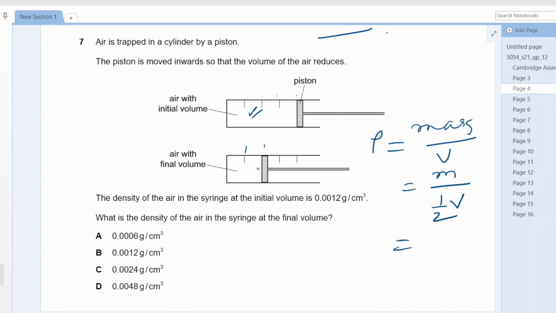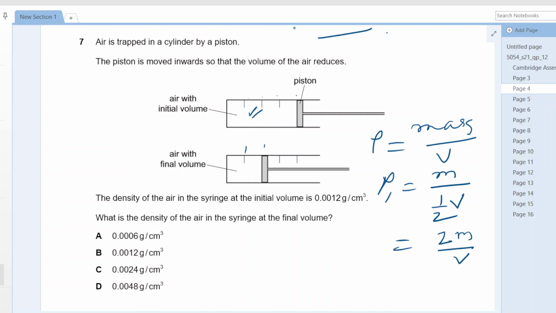Therefore, the new density rho 1 can be written as 2m by v.